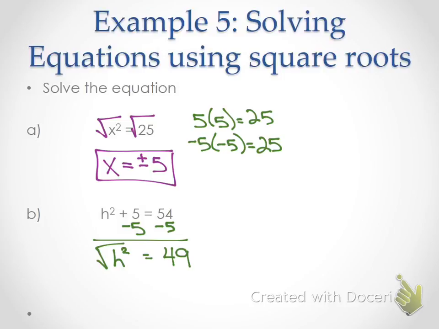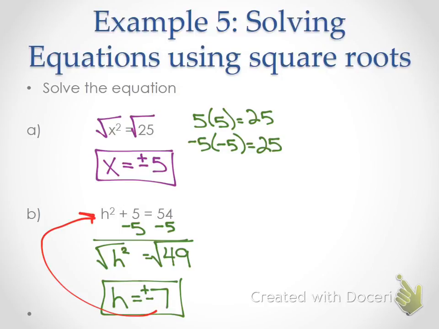Why positive and negative? Because I can plug a negative 7 back into the original, and what's negative 7 times negative 7? Positive 49, plus 5 is 54. So it still works out.